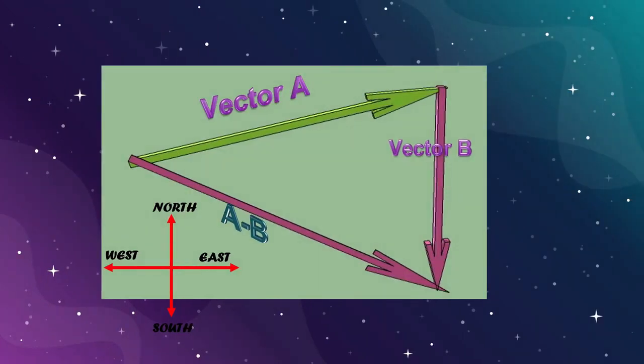Now, we may have vectors moving in different directions. According to that, we can use the addition and subtraction of the vectors. In a similar way, you can find out the subtraction of two vectors.